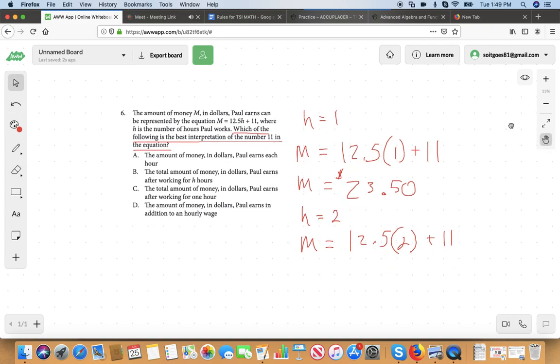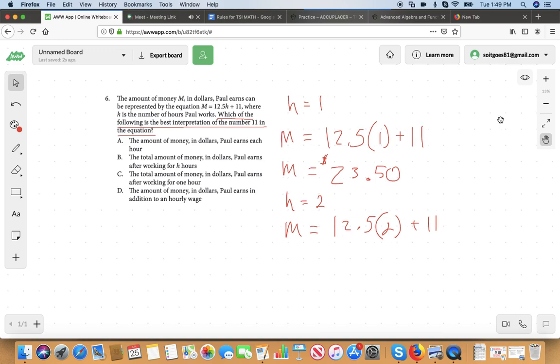You can just punch that into your calculator and see what we get here. So 25 plus 11 is 36. Interesting. He's made $36 now.